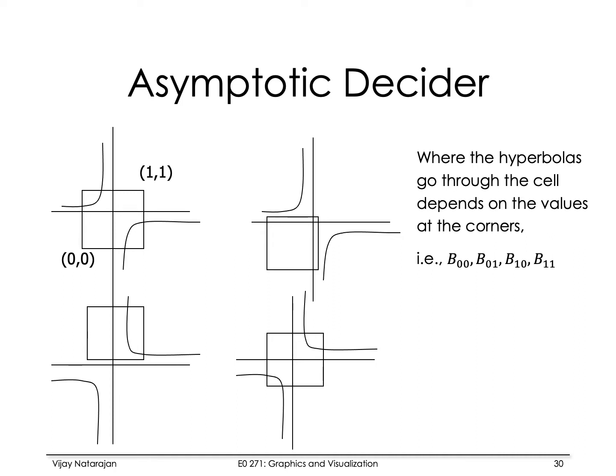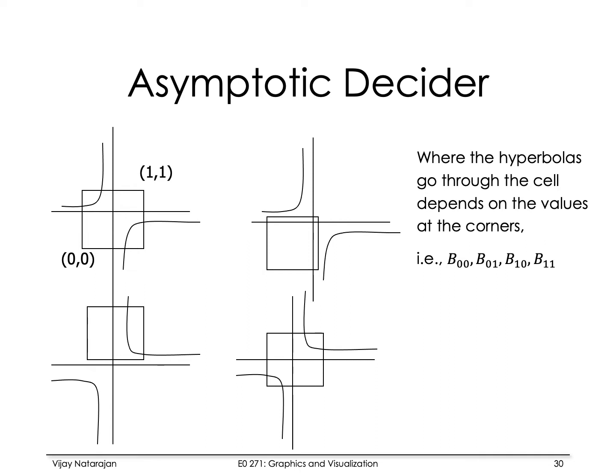Let's assume that the two endpoints that we are seeing are the plus vertices. The hyperbolas that you see here are the two components of the isosurface passing through this particular face.